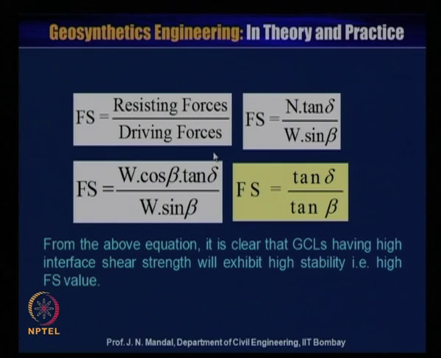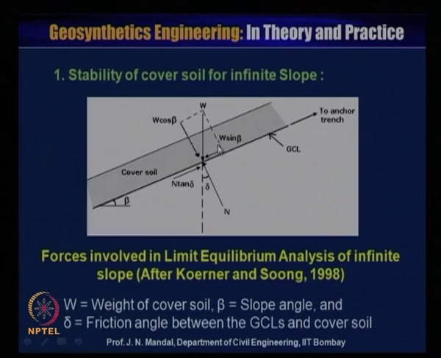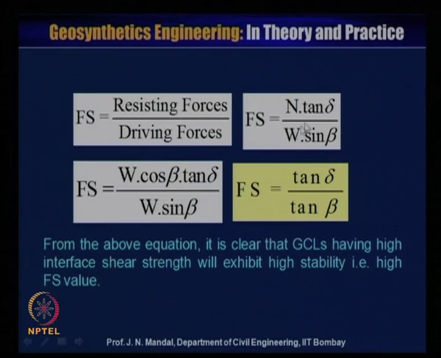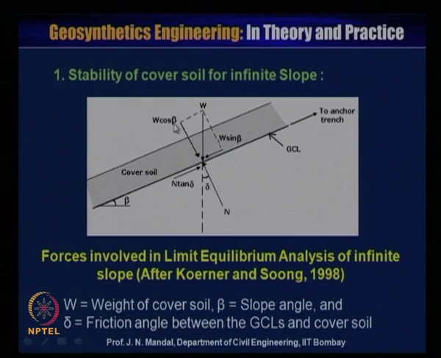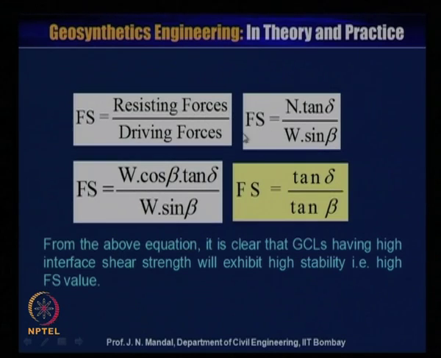The resisting force acting along this slope is N tan delta. The driving force is W sin beta, acting downwards along the slope. So we can write that the factor of safety is equal to N tan delta divided by W sin beta.